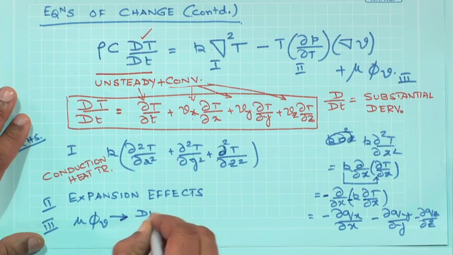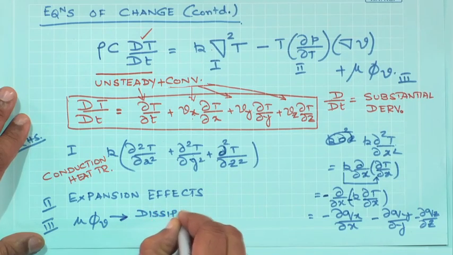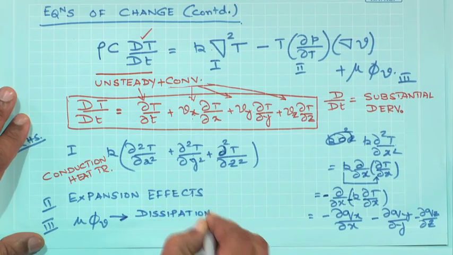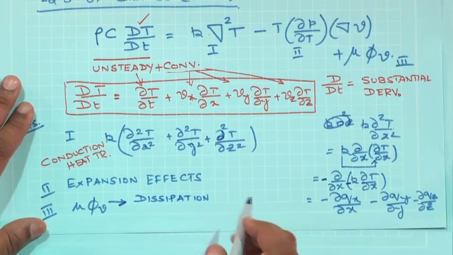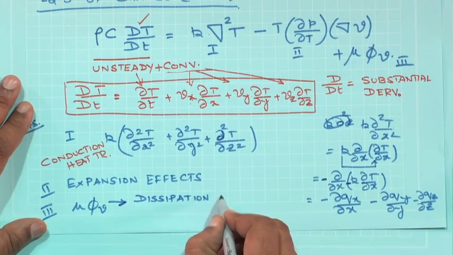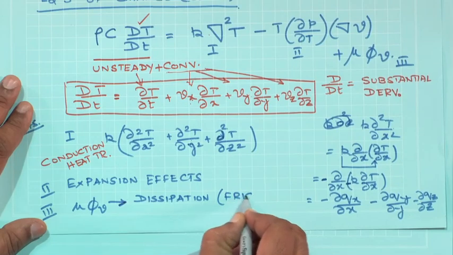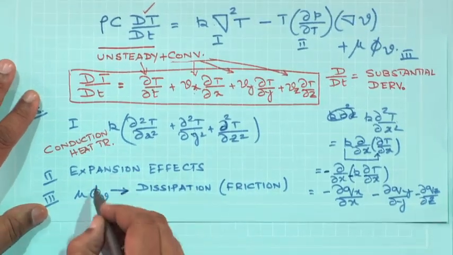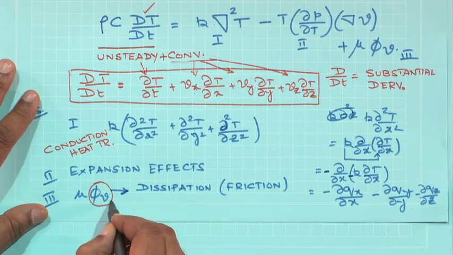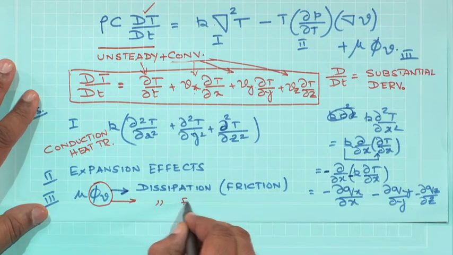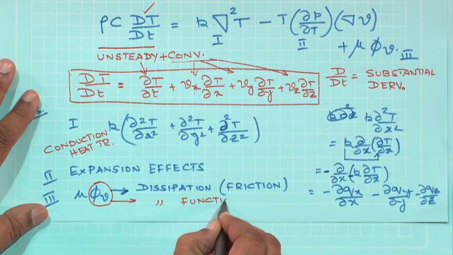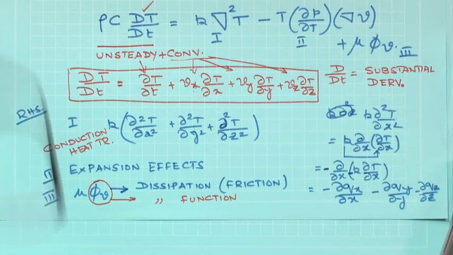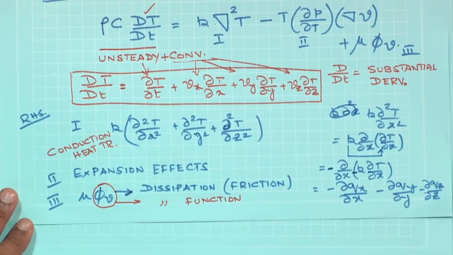This is known as the dissipation, and this dissipation is due to friction. This phi v is known as the dissipation function, and the form of this phi v is quite complicated and I did not derive it.